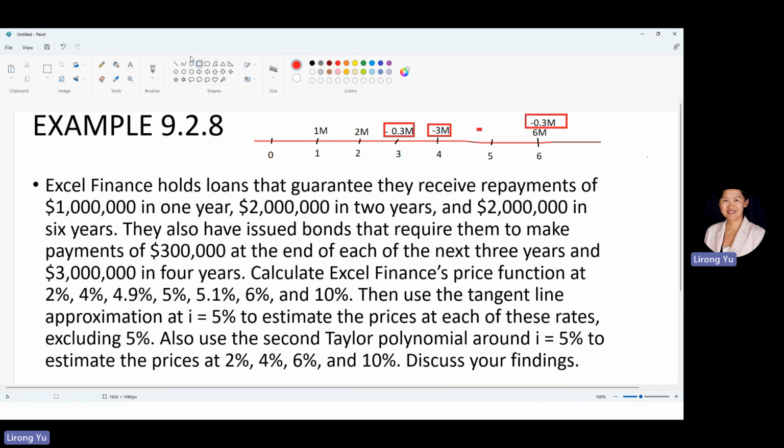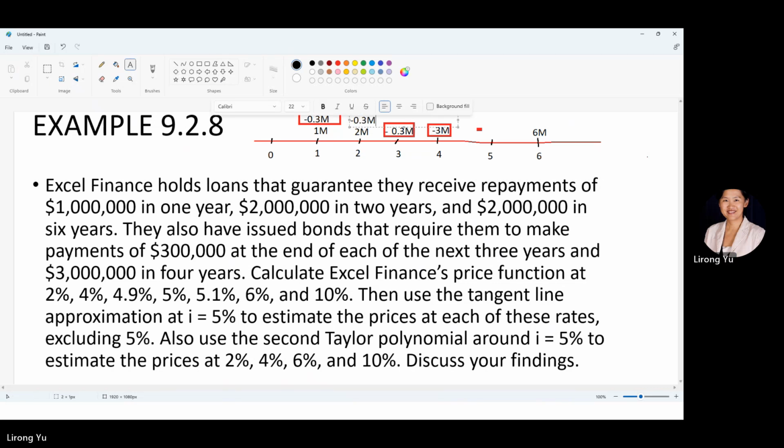Maybe I misunderstand it. 3 years meaning each of the 3 years. This is negative cash flow, each of the next 3 years.